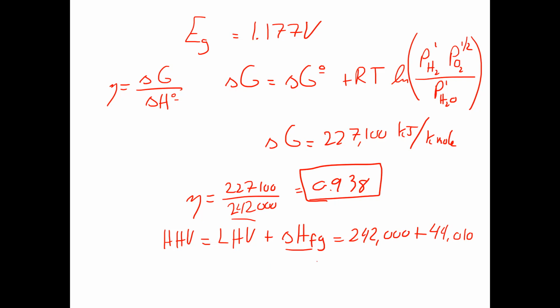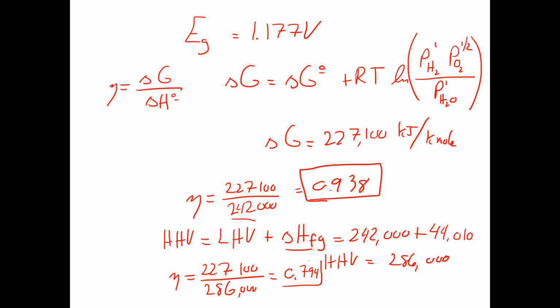In that case, I would have a change in enthalpy of 286,000, and that would change the efficiency. So I have the same change in Gibbs free energy, but I would divide it by a different change in enthalpy of the reaction due to the fact that water changes phase, and that would affect my overall efficiency and bring it down to just under 80%.